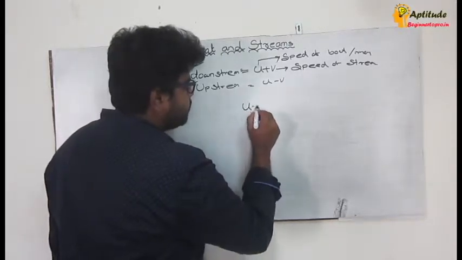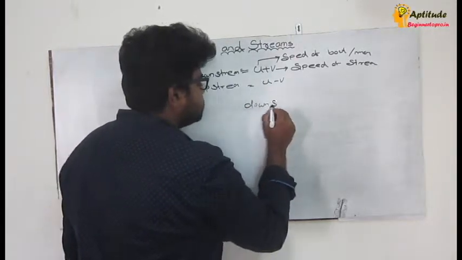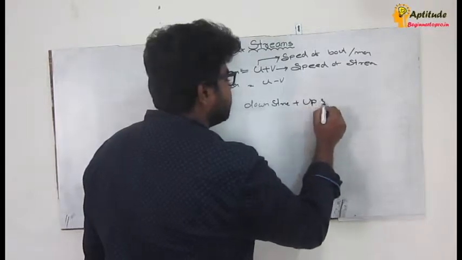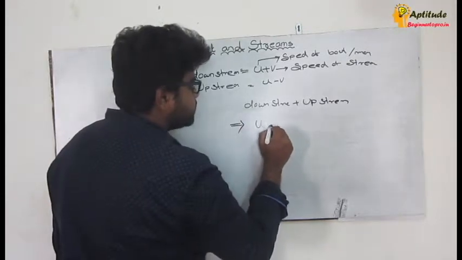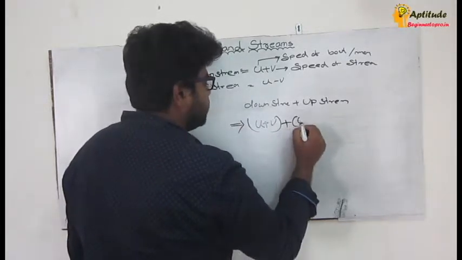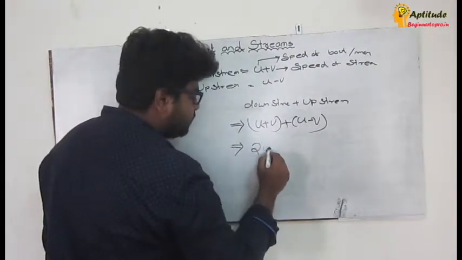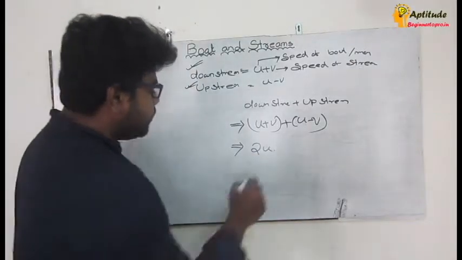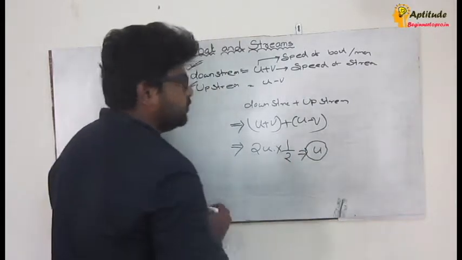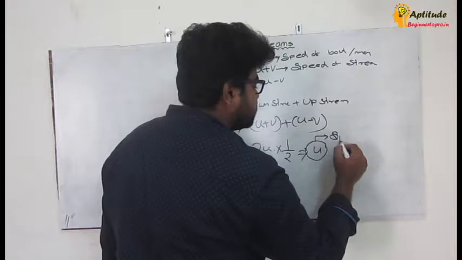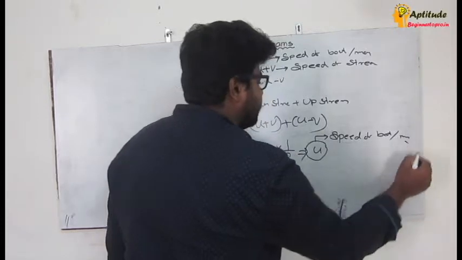If we have a look, if we sum downstream and upstream, then what will we get? u plus v plus u minus v. If we simplify, we have 2u. If we multiply this by half, we get u. What is u? u is the speed of the boat or man.